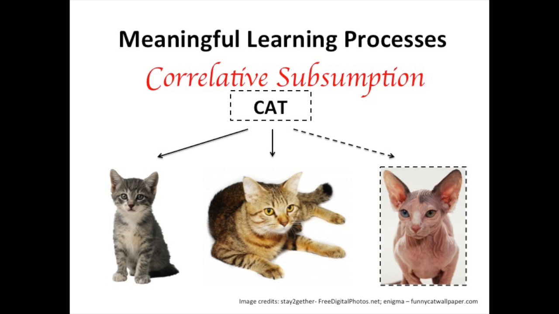Thus, learning about a new type of cat enriched your understanding of cats in general. This is an illustration of correlative subsumption, which is the elaboration, extension, or modification of the previously learned concept or proposition by the subsumption of the incoming idea.